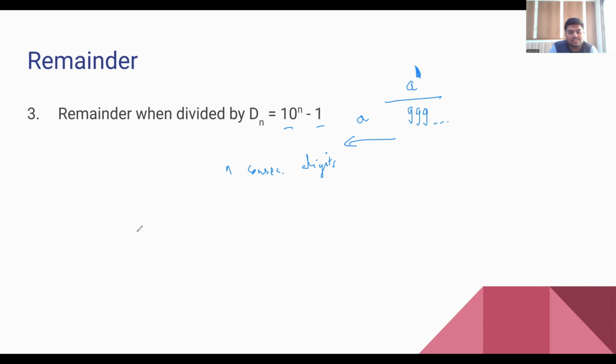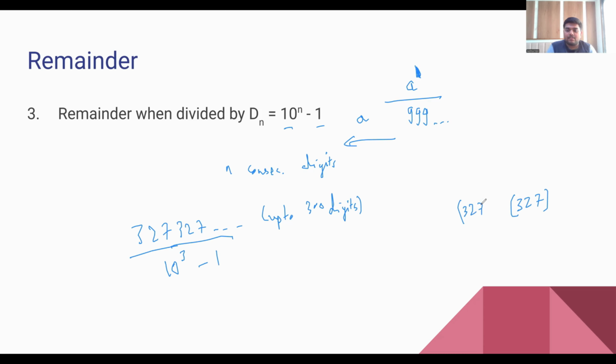So for example, let us take 327 dot dot dot divided by 10 to the power 3 minus 1, which is 999. Okay. So what you will simply do is you will make the sets 3 2 7, then 3 2 7, 3 2 7, right?